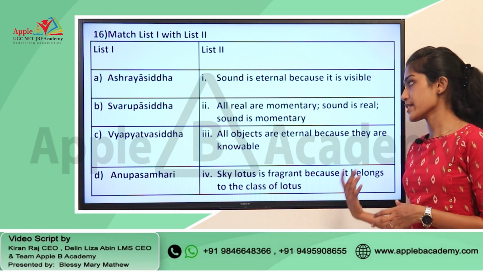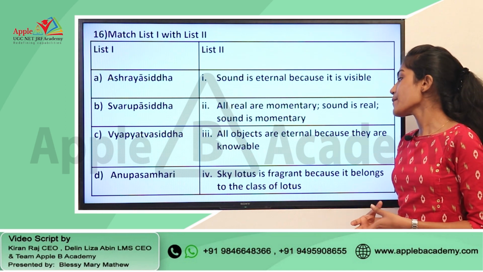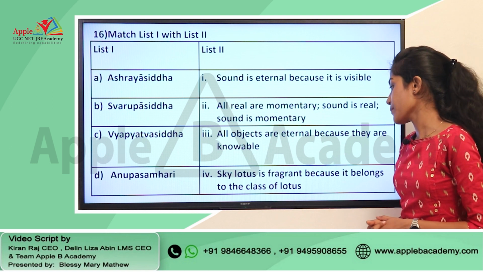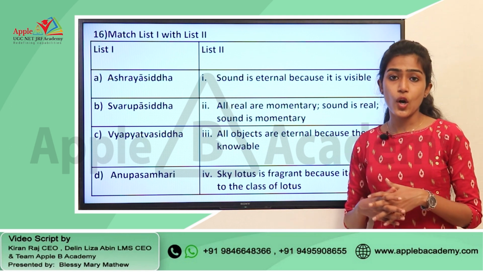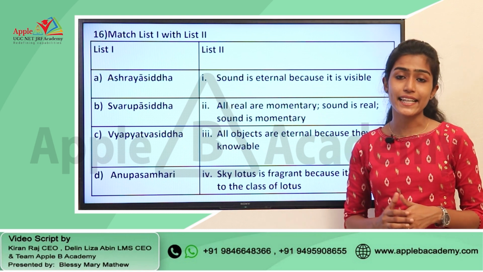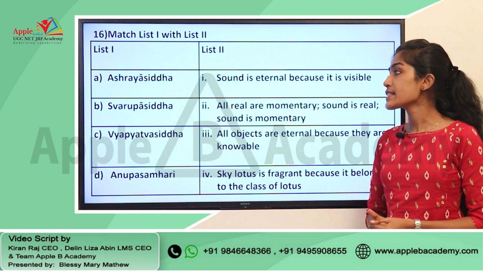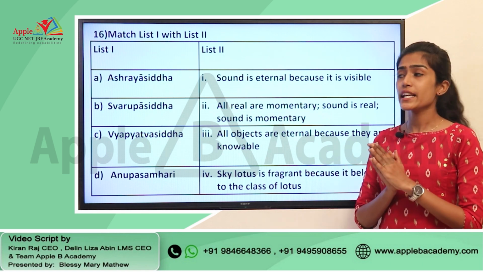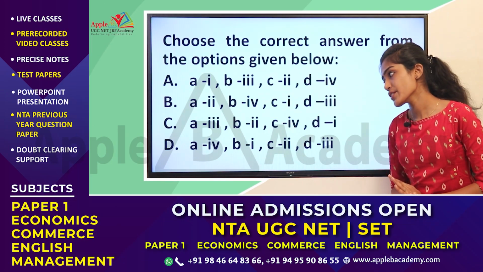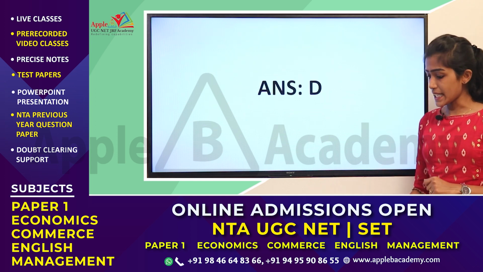Sound is eternal because it is visible, all real are momentary, sound is real, sound is momentary, all objects are eternal because they are knowable, sky lotus is fragrant because it belongs to the class of lotus. So, this is one of the most important areas from the module logical reasoning, particularly from Indian logic. So, this is based on the fallacies that we have discussed. So, we have to find out the correct options and match them, right. So, we have various combinations given here as well. So, the right combination or the right answer for this question is option D.